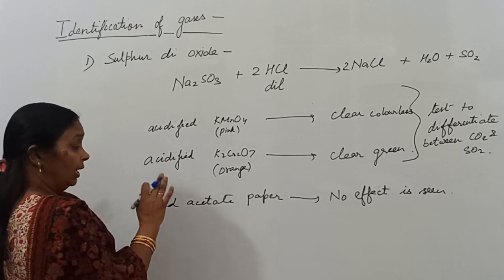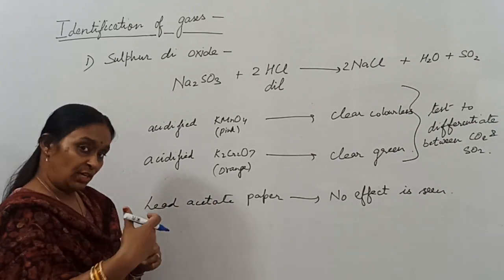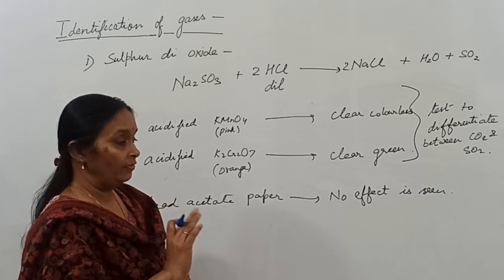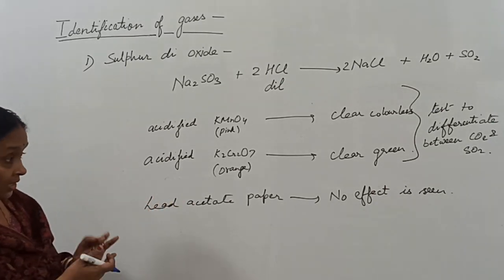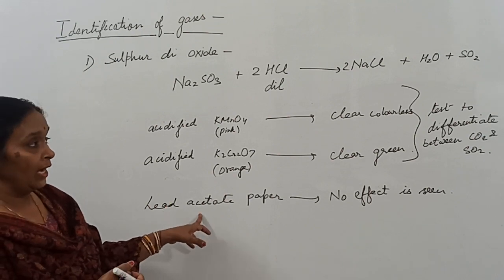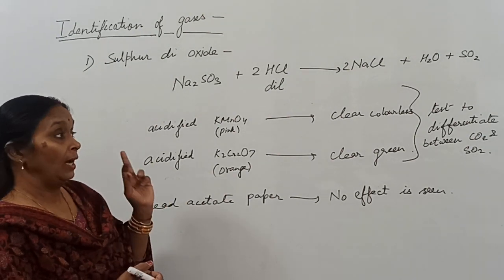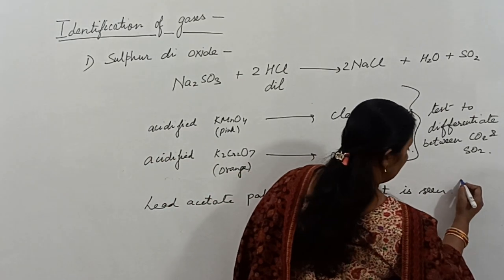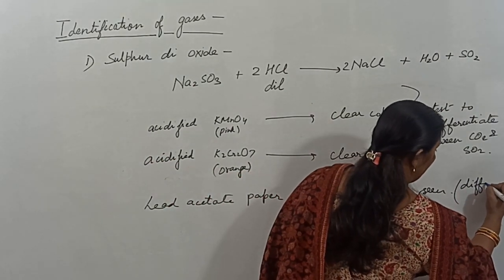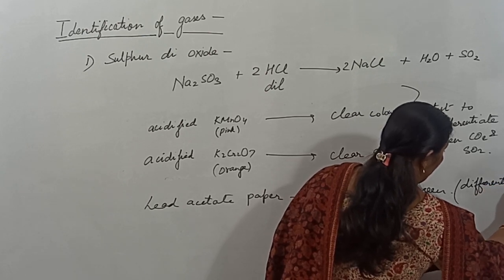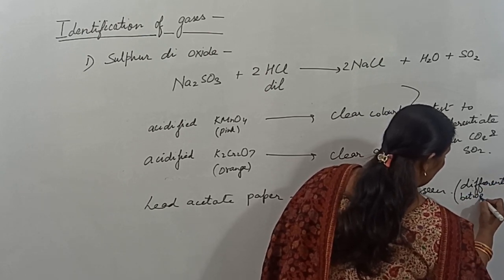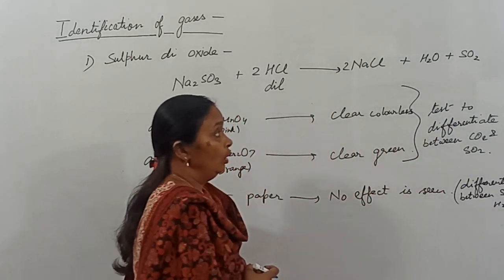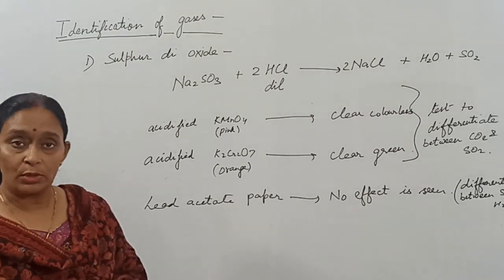Hydrogen sulfide gas does affect lead acetate paper and changes its color. That we'll see next. We'll study hydrogen sulfide, then I'll show you that test. Using this you can differentiate between hydrogen sulfide and sulfur dioxide. So the lead acetate paper test can be used to differentiate between SO2 and H2S. So this is all about sulfur dioxide gas.